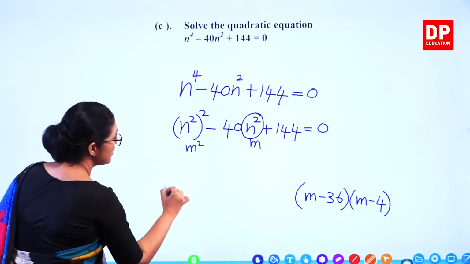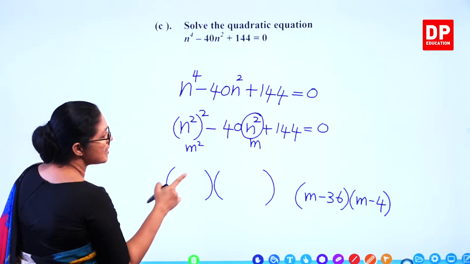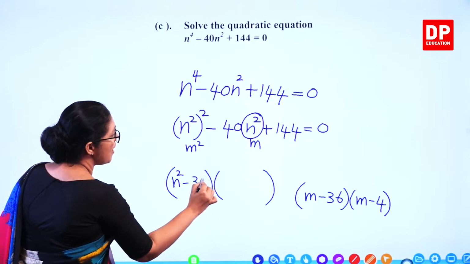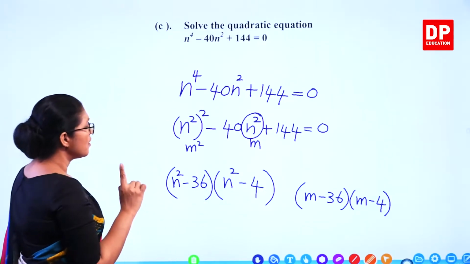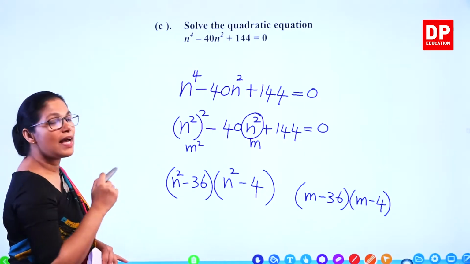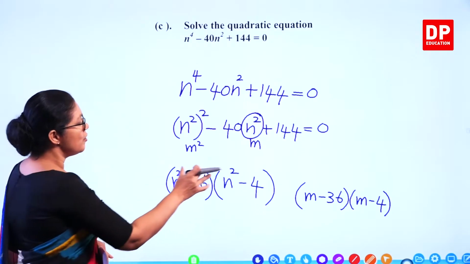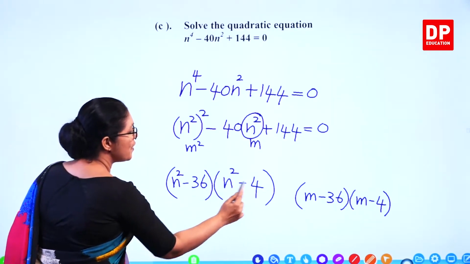So what are the factors? Straight away you can write down the factors, where m is now n squared: n squared minus 36 and n squared minus 4. What happens if you keep the answer like this? You are not getting full marks because you can factorize further. How do you factorize further?